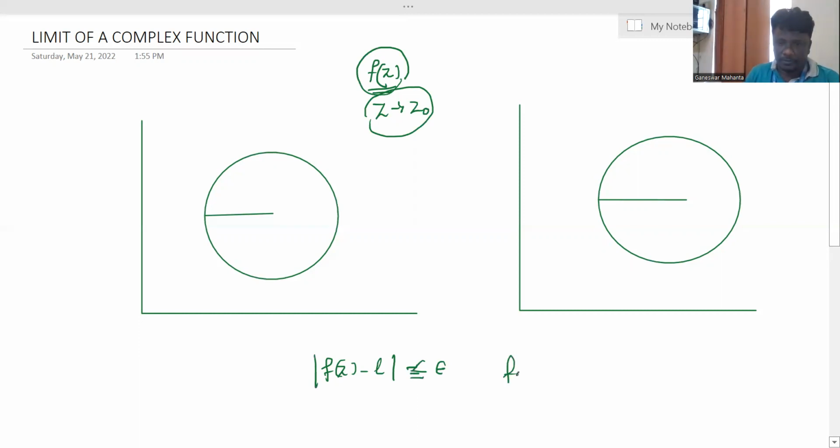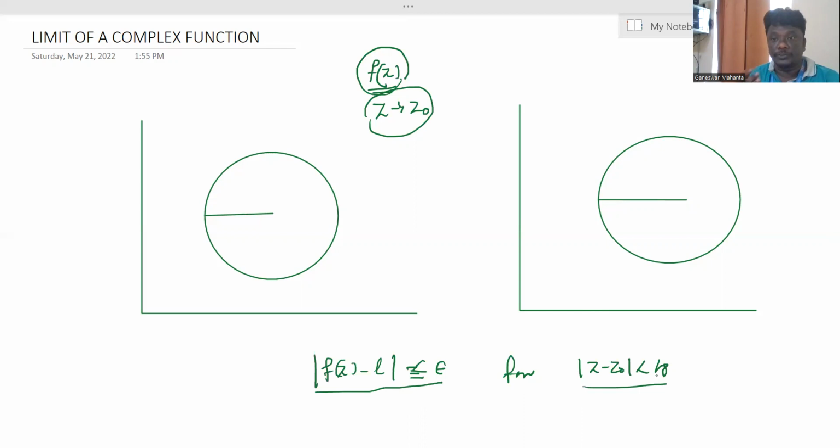for another condition, the modulus of z minus z0 is less than delta. You can see two things: the modulus of f(z) minus L is less than epsilon, and the modulus of z minus z0 is less than delta. There are two neighborhood points, epsilon and delta, because both approach.